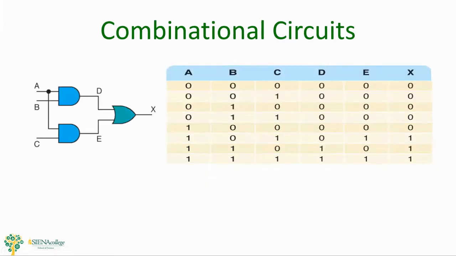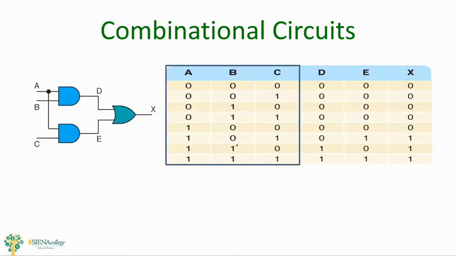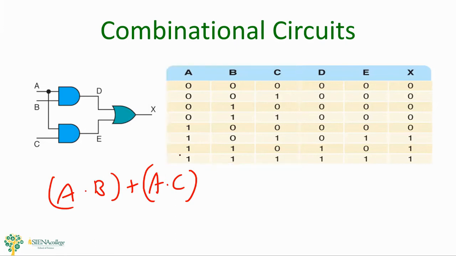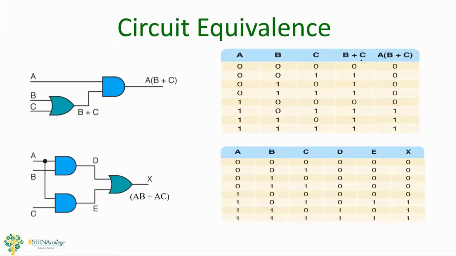Now we've already looked at this circuit. We know that this is A and B, or A and C. So if we take this truth table and compare it to this truth table, we will see that the outputs are identical.